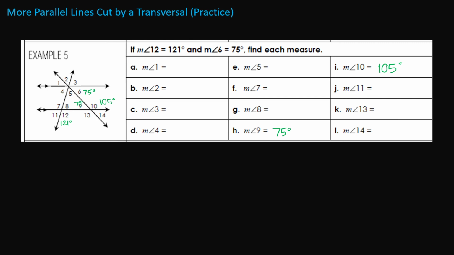It's going to get a little crowded in here. I know that angle 9 and angle 14 are vertical angles, which means that angle 14 is 75 degrees. I know that angle 13 and angle 10 are vertical angles, so angle 13 is 105 degrees.